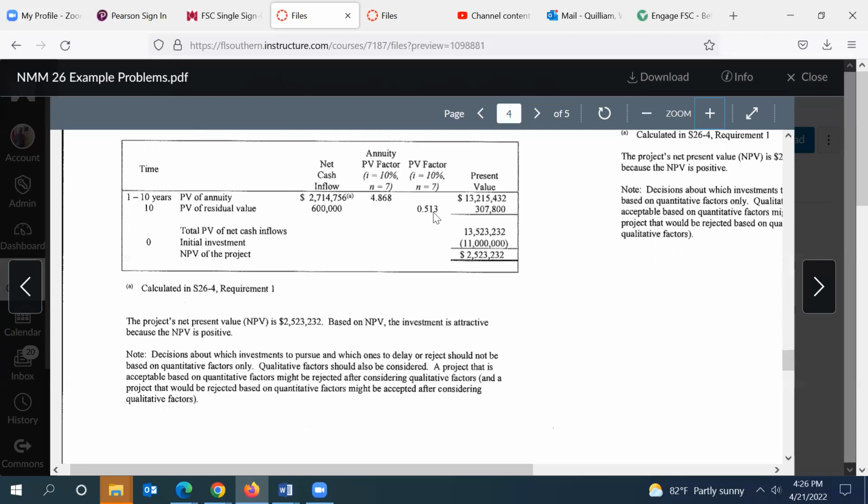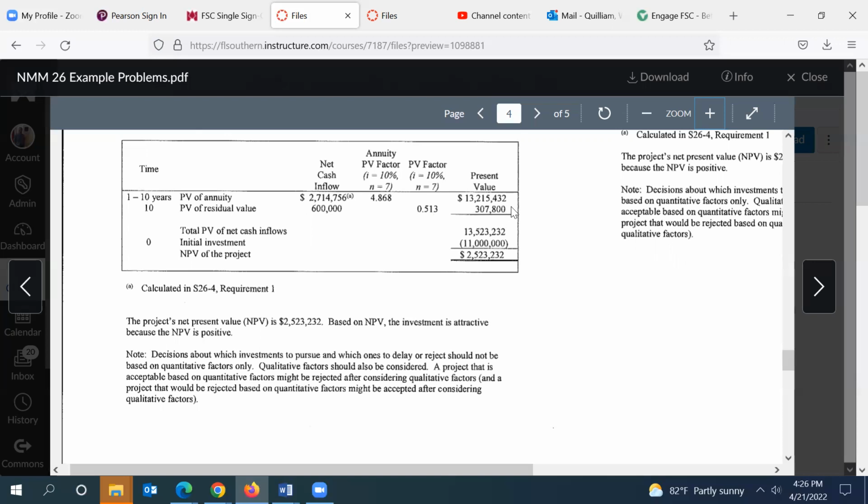So we want the present value factor from the very first table, table 1. If we look it up where the interest rate is 10% and the number of periods is 7, the interest factor will be 0.513. Again, you probably just want to trust me, right? Okay.